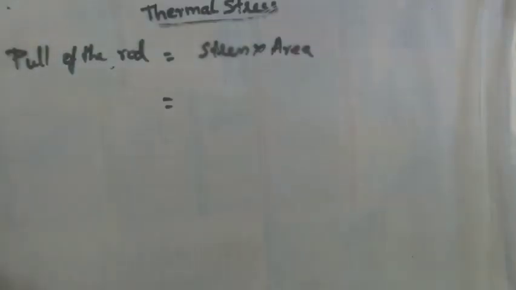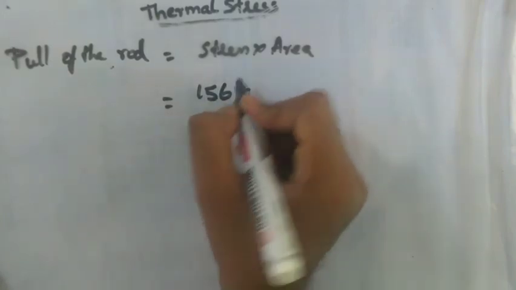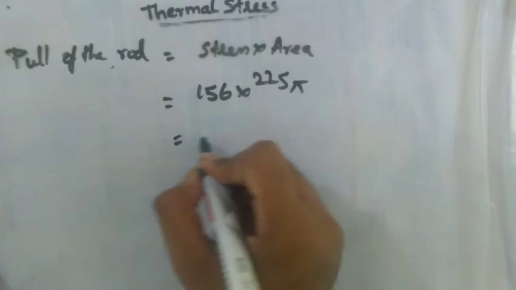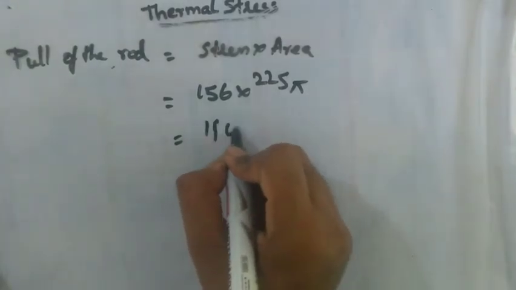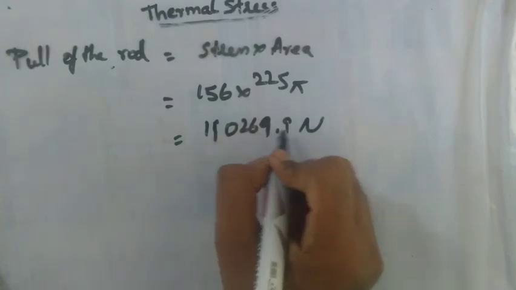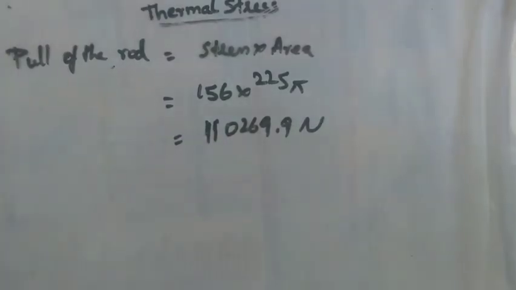If you multiply stress with area, we get 156 into 225 pi, and the value we get is 110,269.9 Newton. This will be the pull of the rod in the no-yield condition.